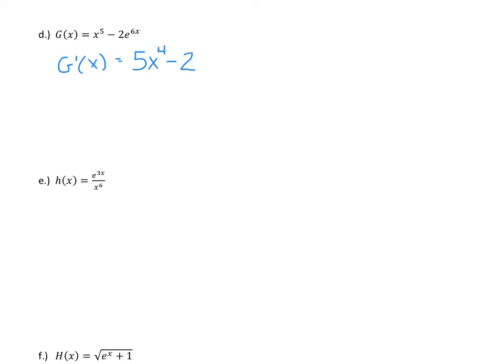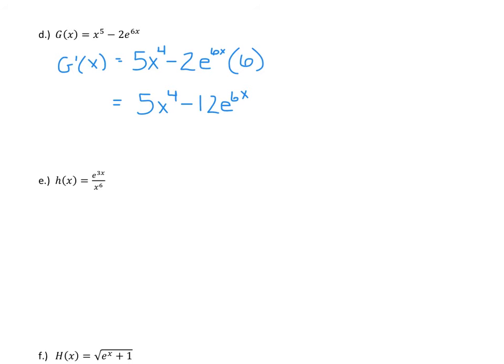Well, we know that that derivative is e to the 6x. Now we have to multiply by the derivative of 6x. So multiplying by the derivative of 6x, the derivative of that is 6. Now simplifying here, we have 5x to the 4th minus 12e to the 6x.